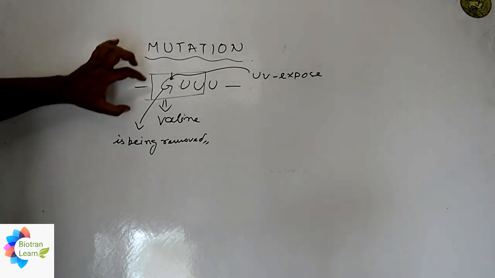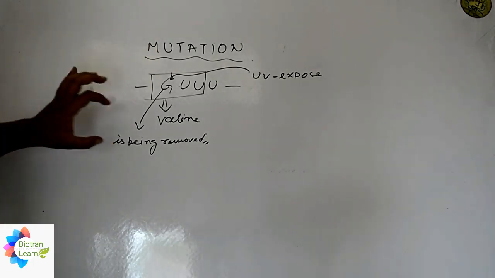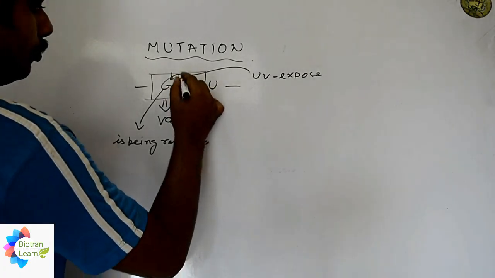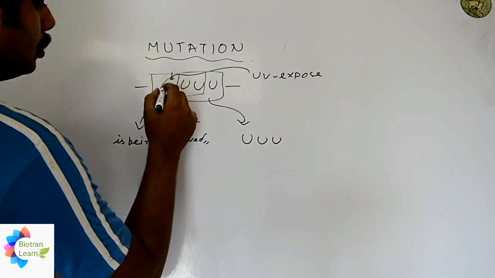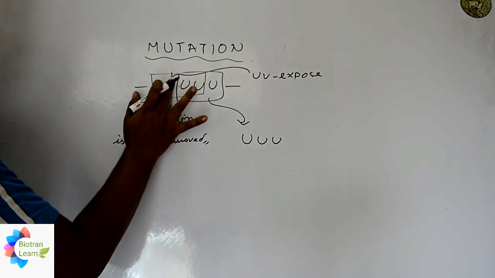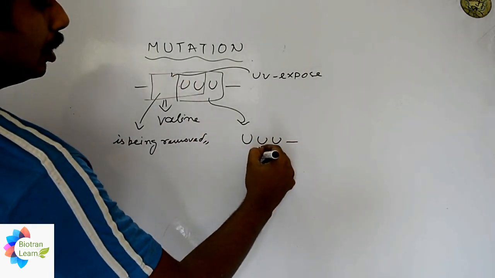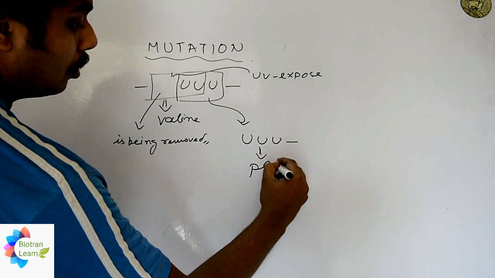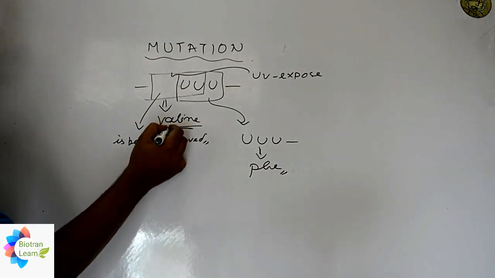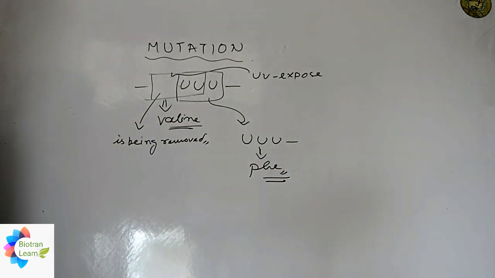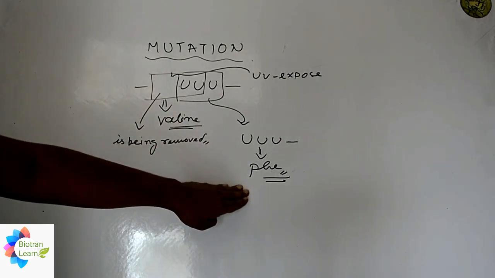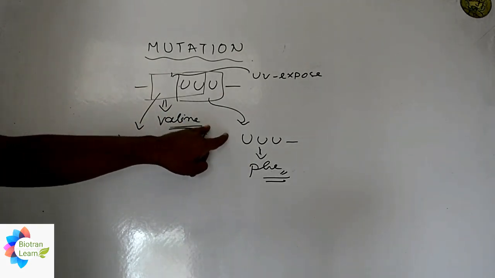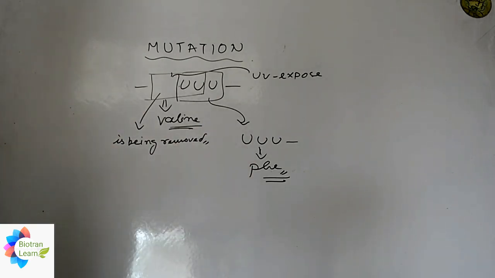Due to this removal, we will get the remaining portion UUU, hence no G will be present there, right? Now UUU will code for phenylalanine. So from valine to phenylalanine, we will get a different kind of amino acid, hence the protein structure will change itself.